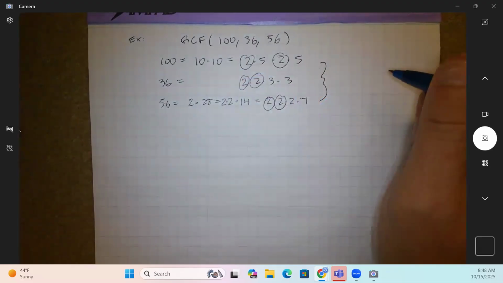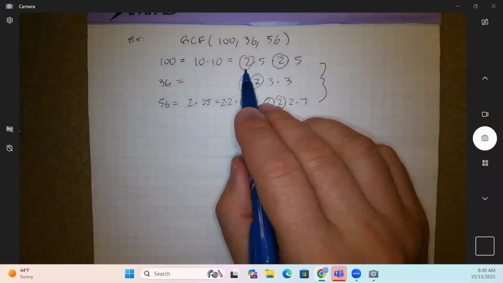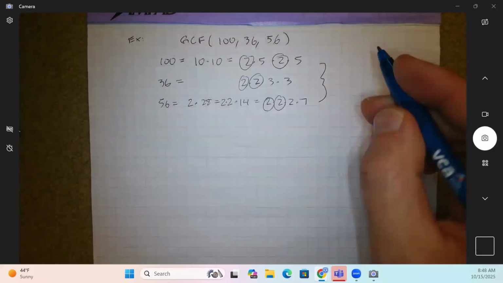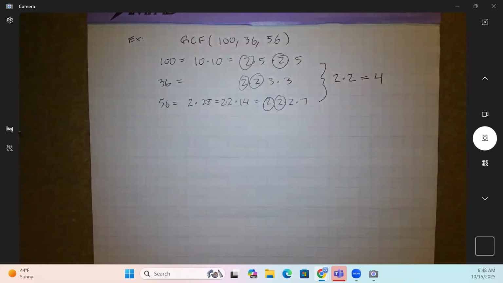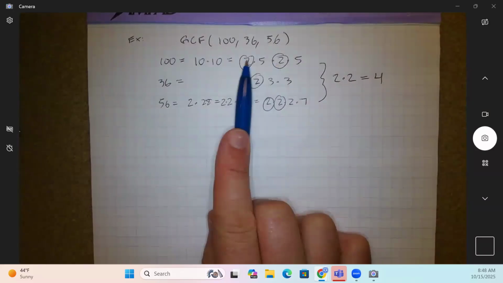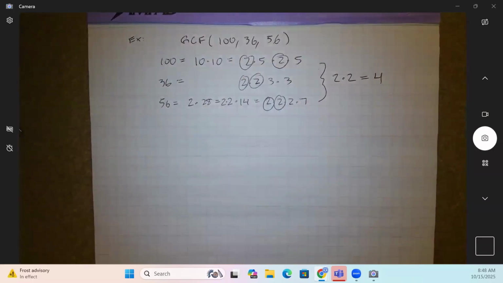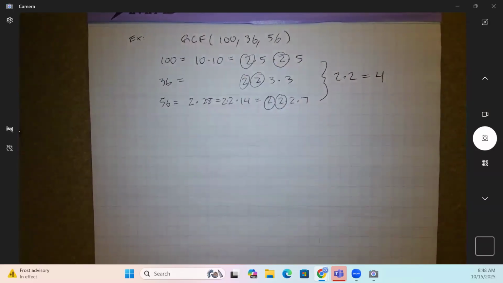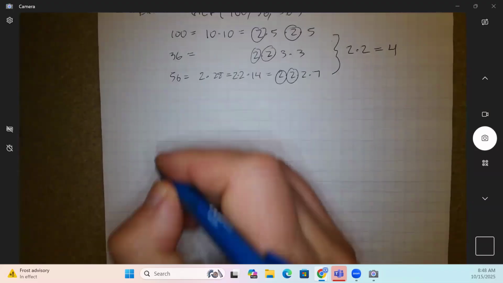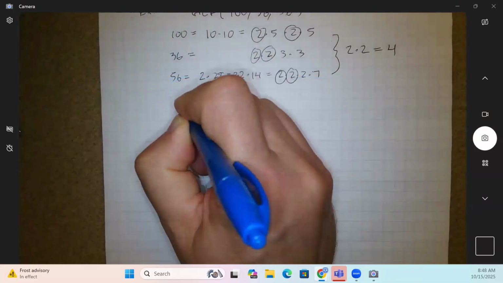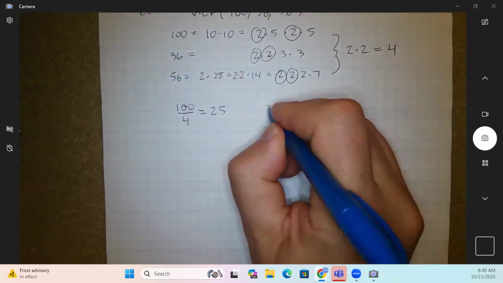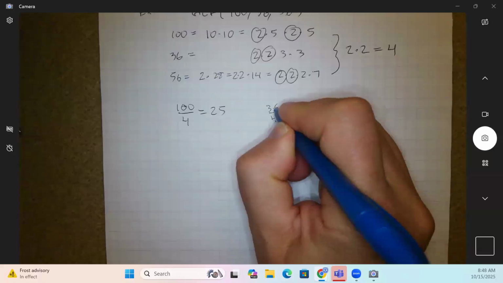So what's the greatest common factor? It's 2 times 2, which is 4. Right? It's each of the circled numbers multiplied together. Let's check. It's a factor if I can divide by it. 100 divided by 4 is 25. 36 divided by 4 is 9.